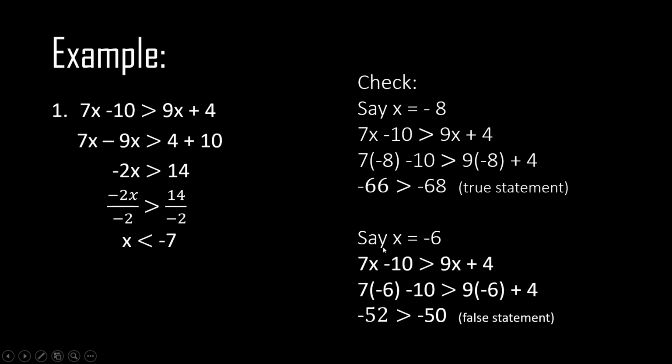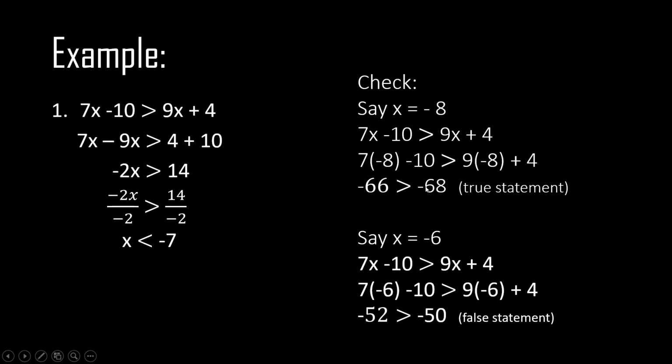Then, if we say that x is equal to -6, we substitute it to the original equation, and we will arrive at -52 is greater than -50, which is a false statement.